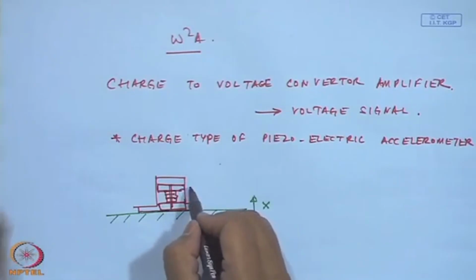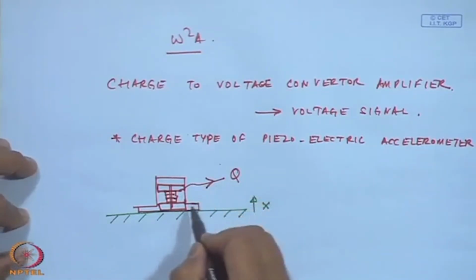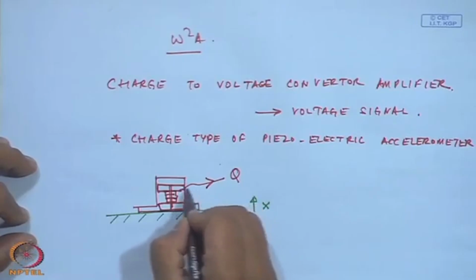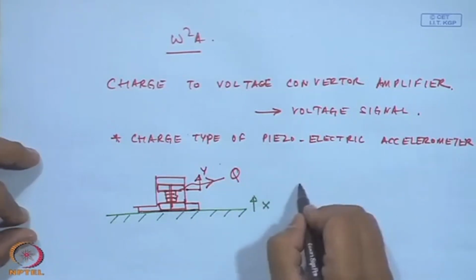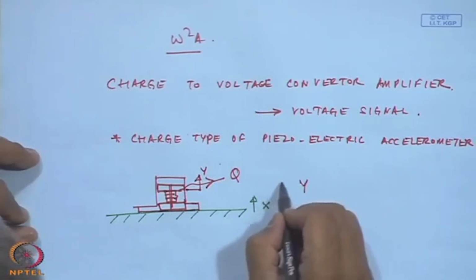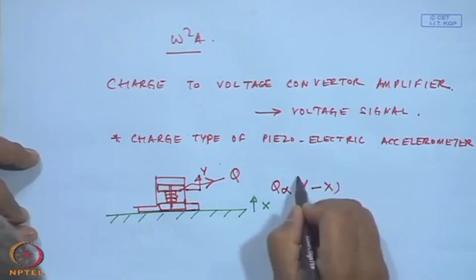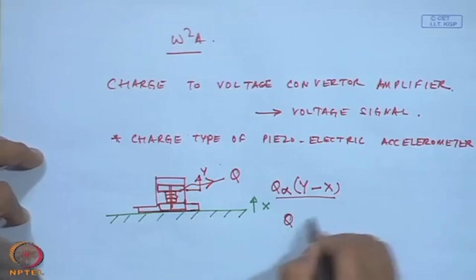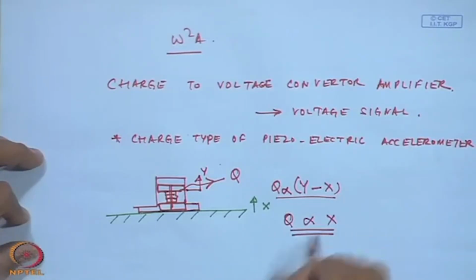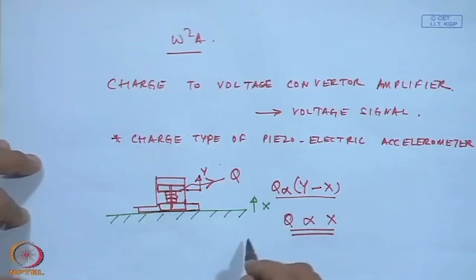Okay. And then I will get a charge Q, which is proportional to the displacement of this seismic mass. This Q is proportional to y minus x. And with mathematical equations, you will see eventually this Q is proportional to the base motion. Motion could be in the form of acceleration.